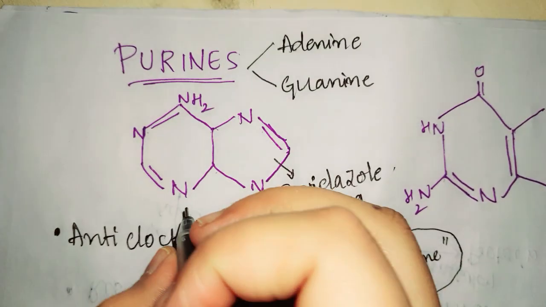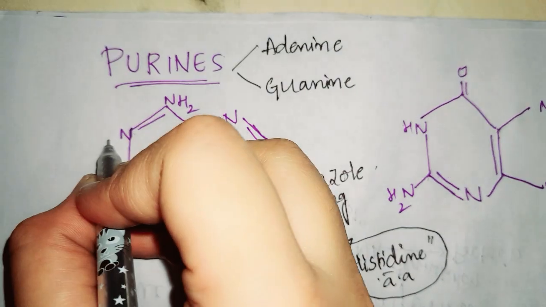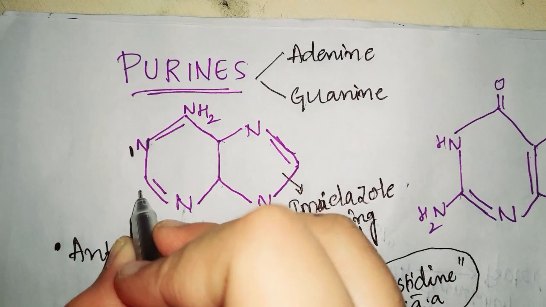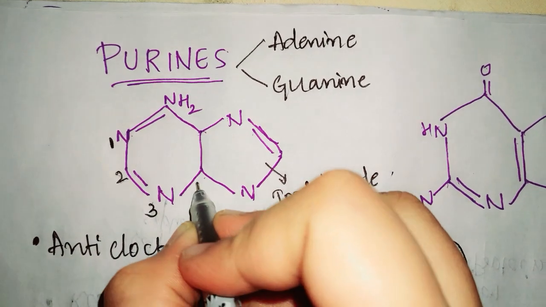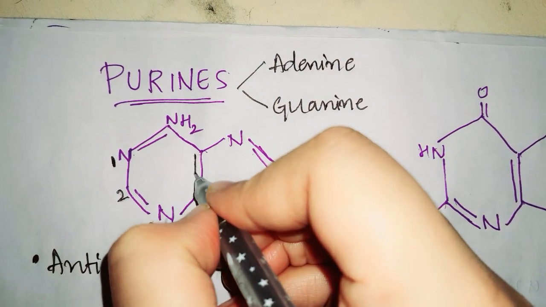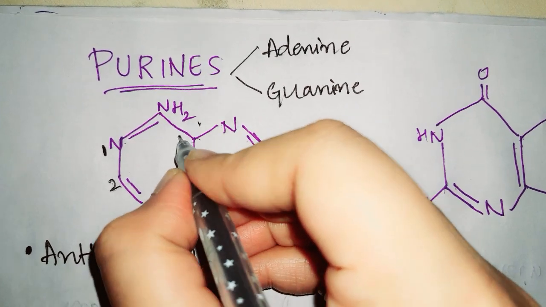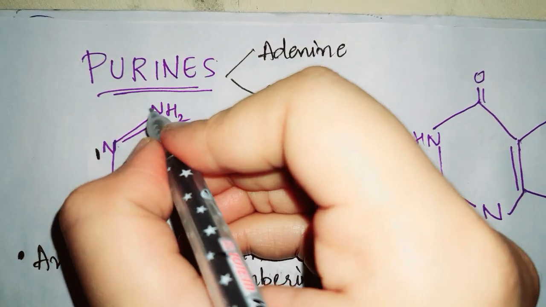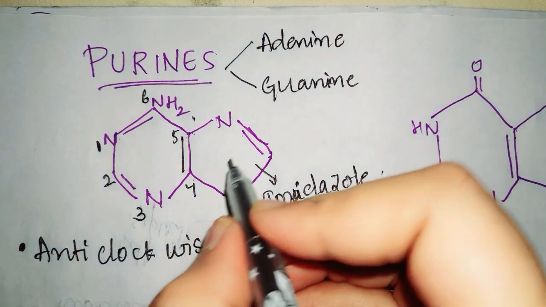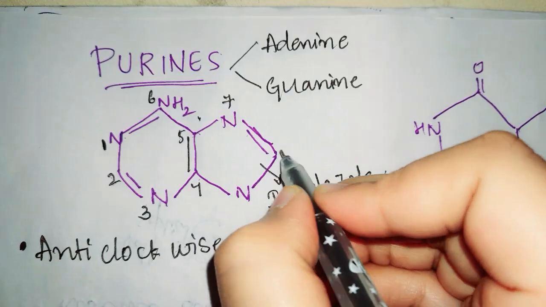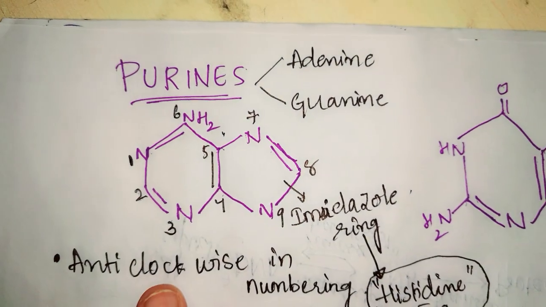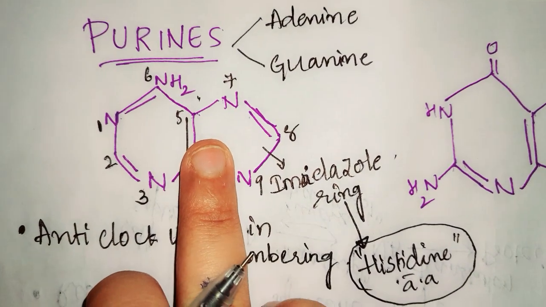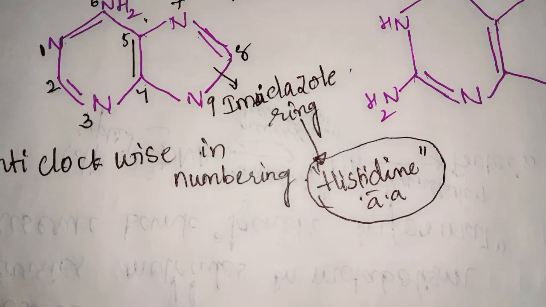Now let's give the numbering from here: 1, 2, 3, 4. Here you should get a double bond, and here 5, here 6, then 7, 8, 9. Now you need to give the name based on this structure.